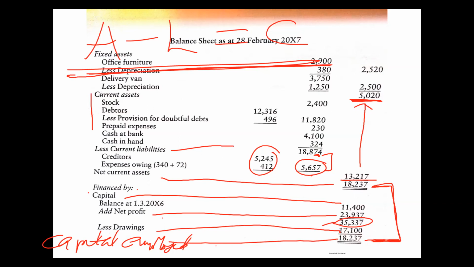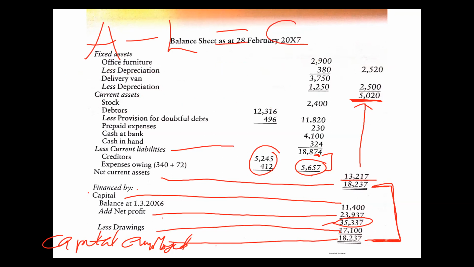The accounting equation states that assets minus liability is equal to capital, or the other version says capital plus liability is equal to total assets. You remember that. So these are the two forms of the balance sheet, but the one we're dealing with now is this one.